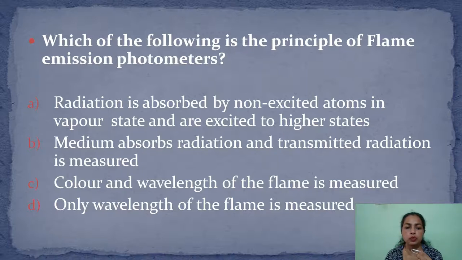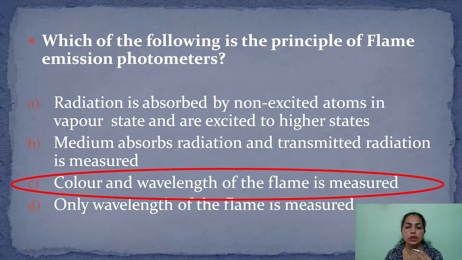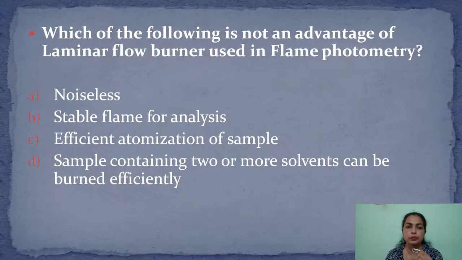And option number 4 is only wavelength of the flame is measured. Among these, color and wavelength of the flame is measured, that is the correct option. As we have seen in the principle, it helps us understand what type of element is present, that is the qualitative purpose, as well as the intensity or color helps us identify the quantitative analysis of the sample.